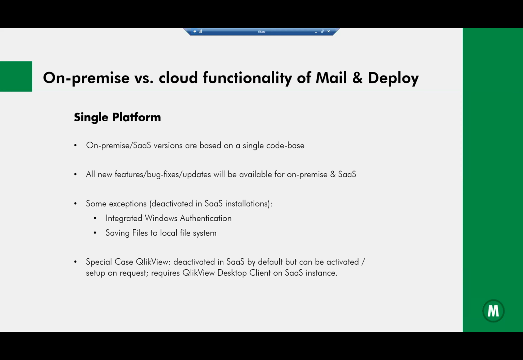Also, integrated Windows authentication is deactivated because the SaaS instance is not in your domain. So you have to revert to other authentication methods such as Azure AD or Auth0 or any other OpenID identity providers.